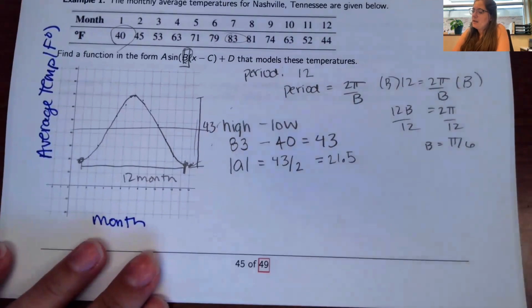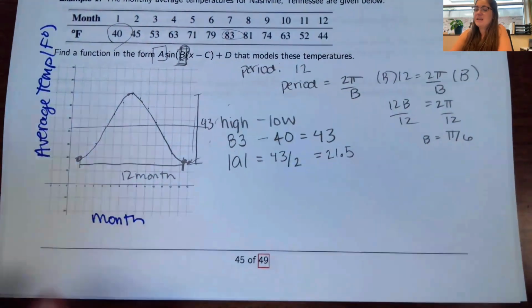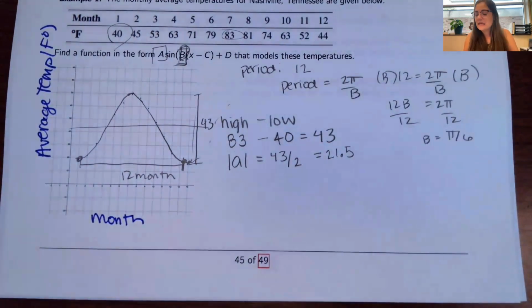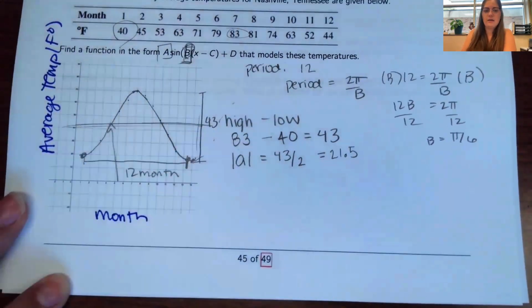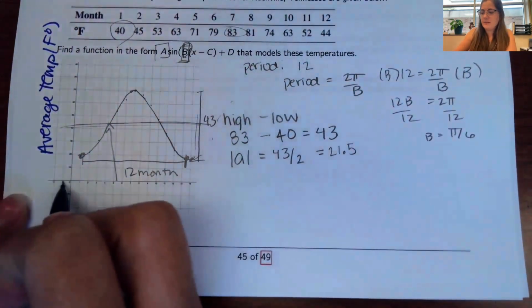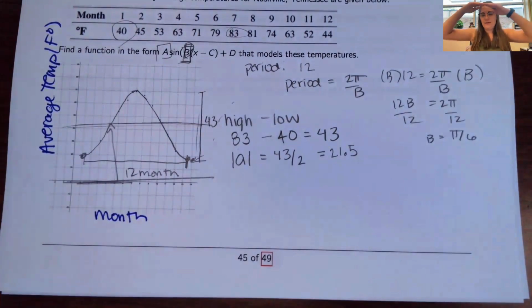Okay, so I have my A, I have my B. Next, we might figure out my D. We kind of do these in a weird order. My D tells me how much up this midline needs to go. Normally my sine and cosine have this midline at 0, but I need to move it all the way up. How far up do I need to move that?